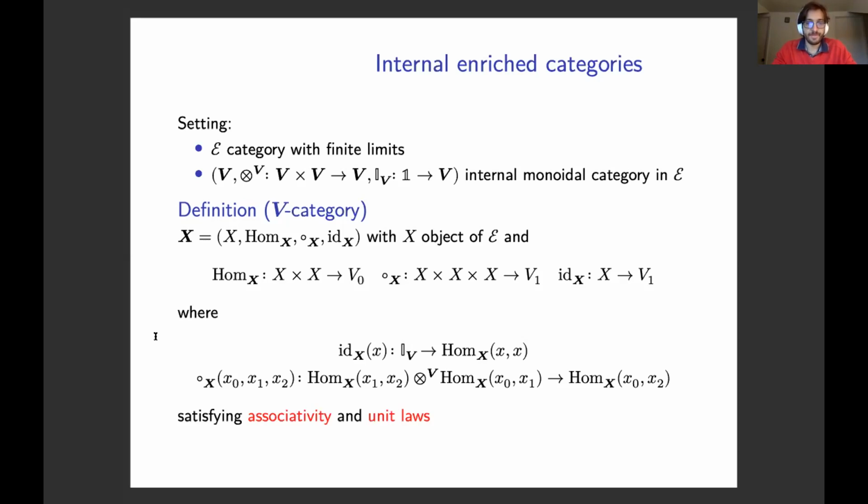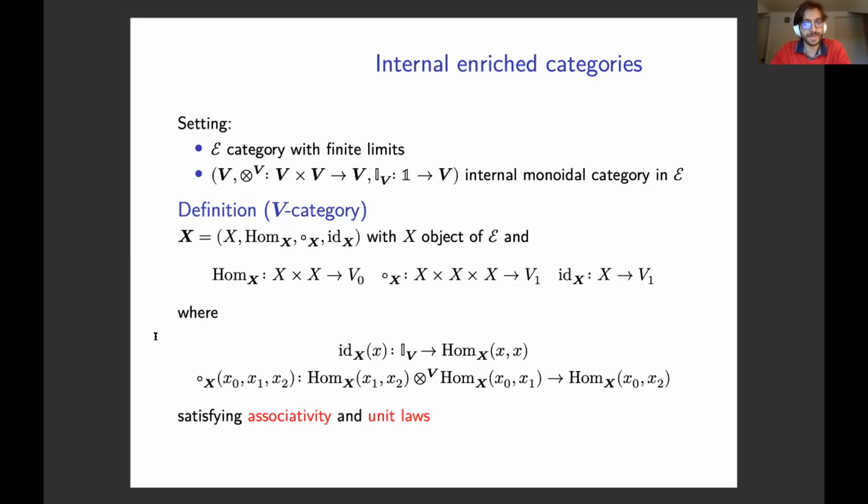So if you interpret the signature of the identity and the composition in the internal language, you get these arrows, which are what you would expect in standard enriched category theory. And this structure has to satisfy associativity and unit laws.